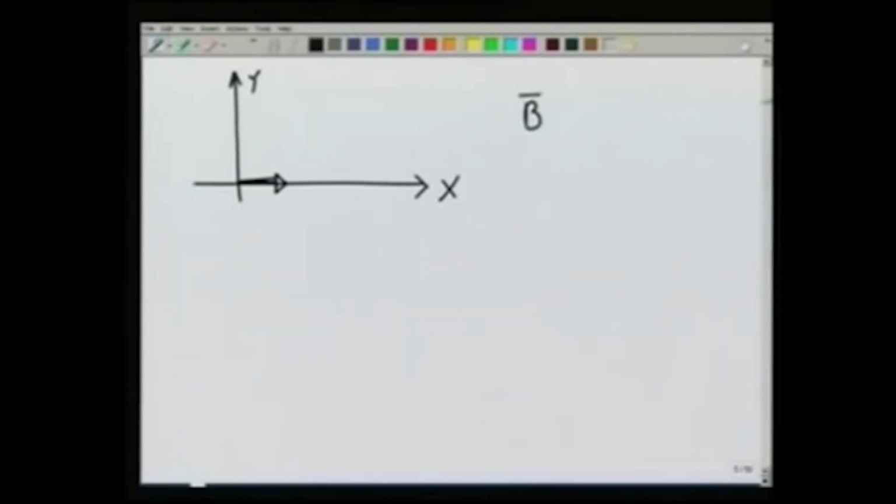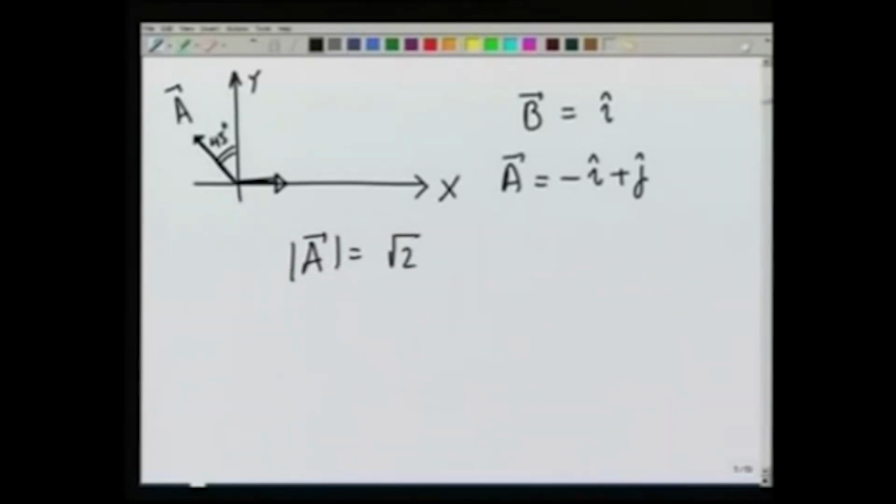So, b is equal to i, and consider a vector to be in this direction, which is 45 degrees from the y axis or the x axis. So, a is equal to minus i plus j. You can see that the magnitude of a is square root of 2, magnitude of b is 1, and the angle theta between them is 135 degrees.